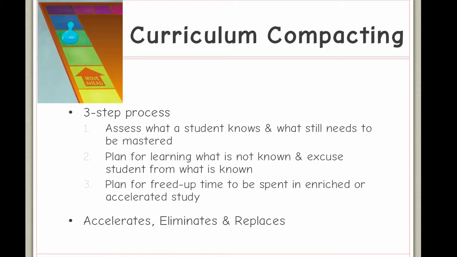I, however, don't want to give him a different topic to study. The student who has already mastered it, we've eliminated it. I want to replace it with something that may be within the topic. You can obviously replace it with anything else that you as the teacher find meaningful, but I think it's kind of nice to keep a kid in the community by keeping to the topic.